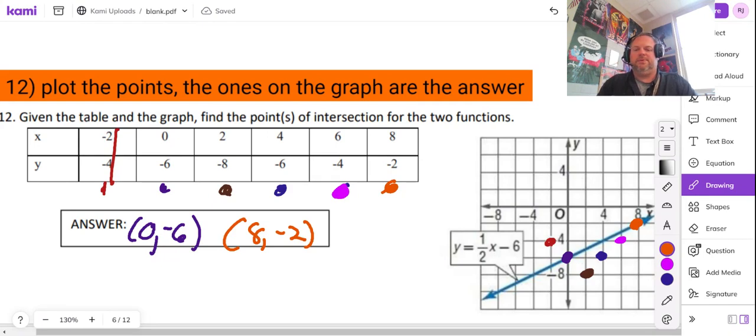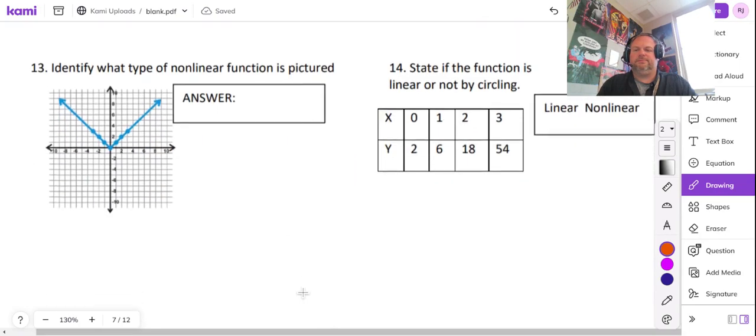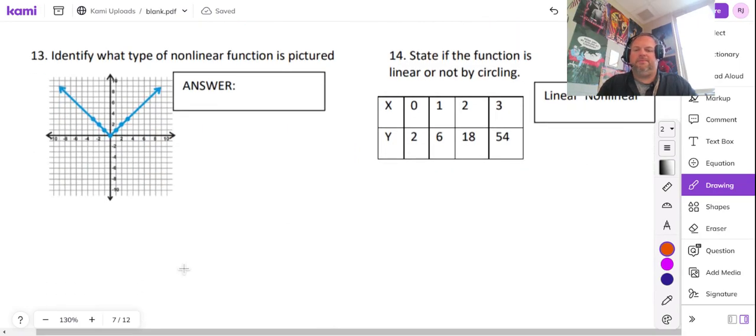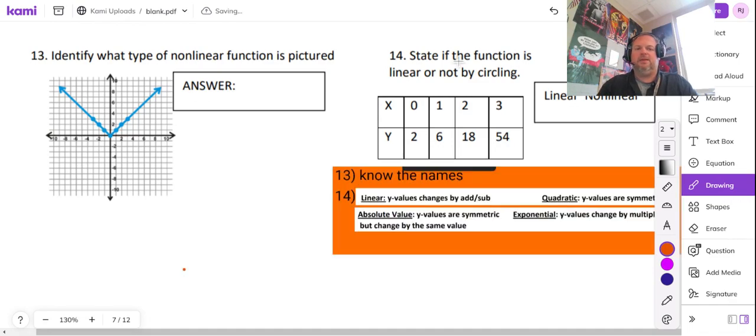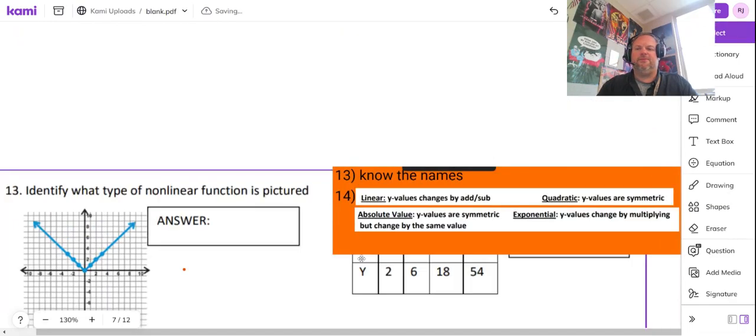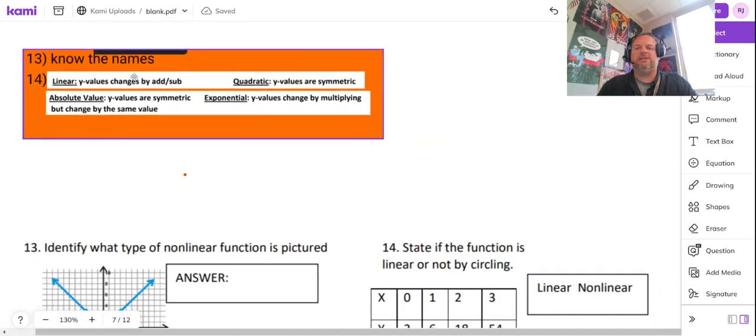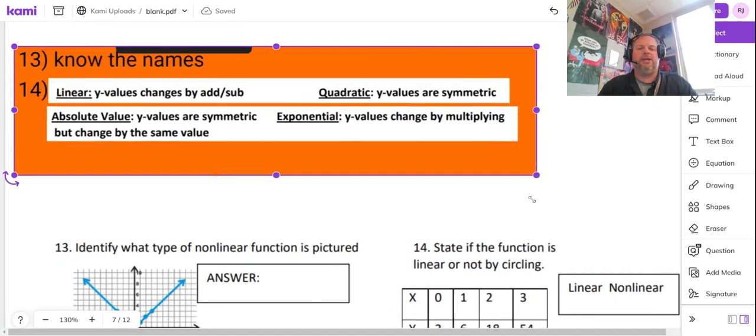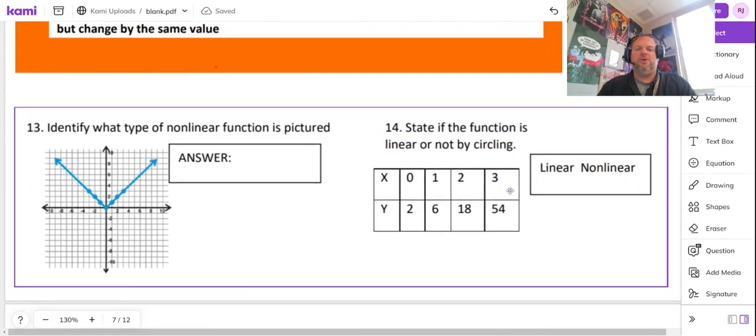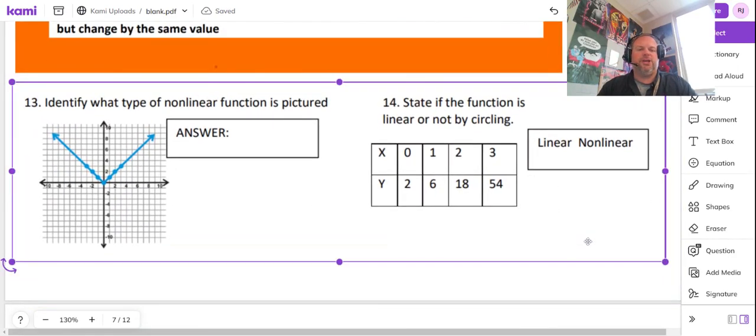So put this up here for 13 and 14. For 13 and 14, you need to know the names or how they're shaped. Quadratic is U-shaped.